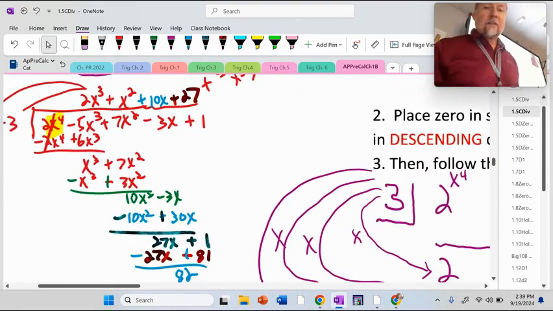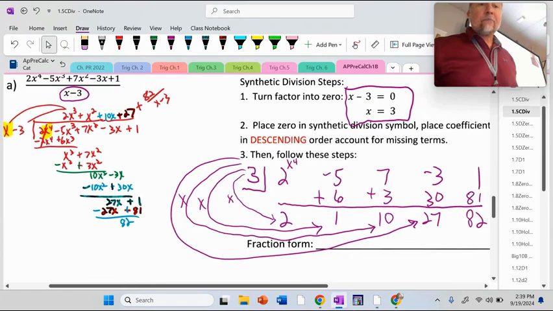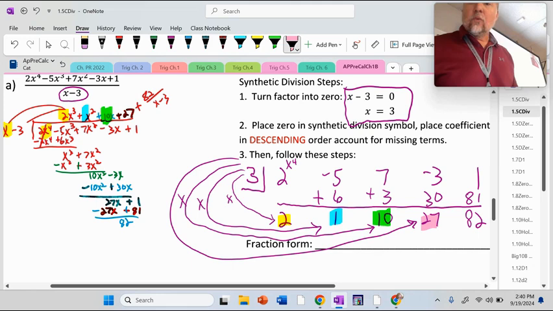Look at the comparison of these two, the answer that I long divided and the answer that I synthetically divided. 2, 2, 1, 1, 10, 10, 27, 27.